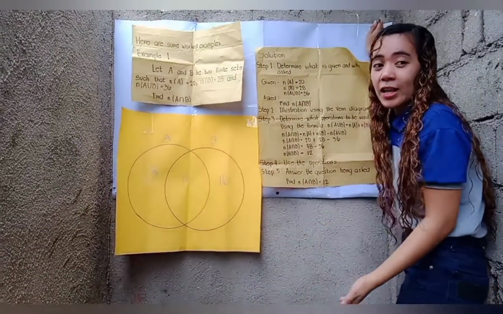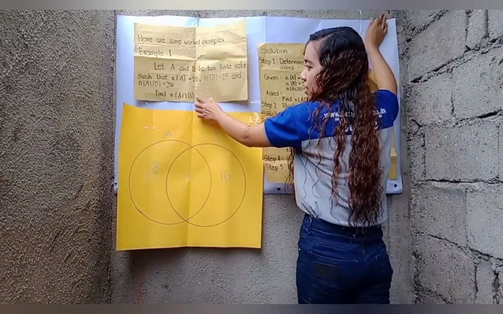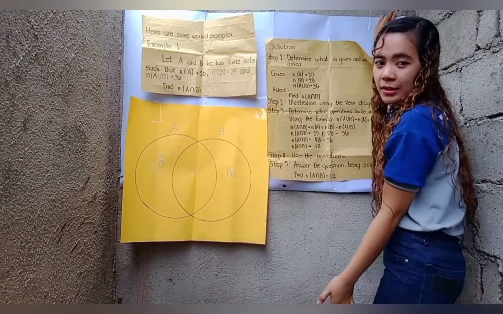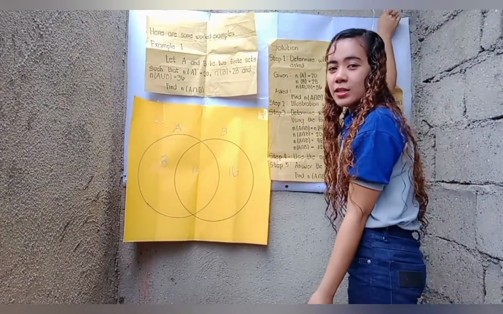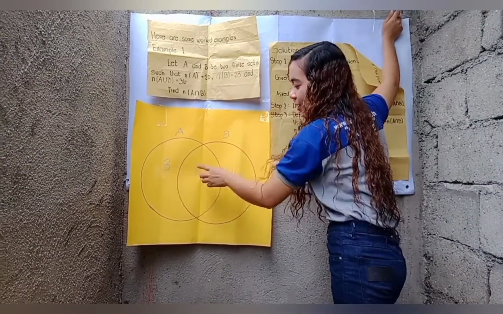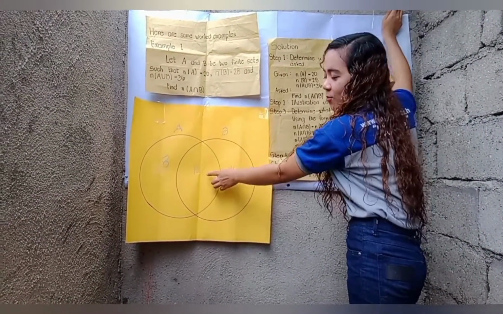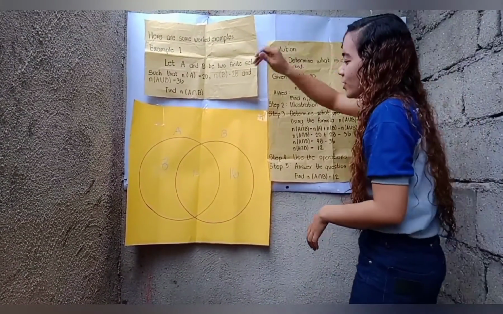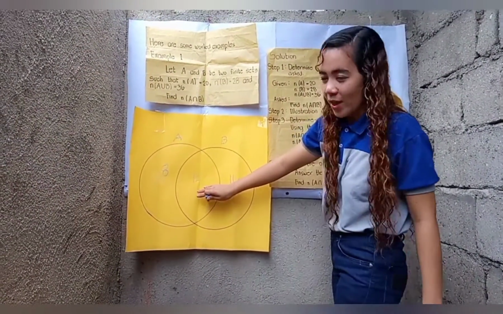Pero hindi yan yung hinahanap dito. Ang hinahanap dito is ito, intersection. So, asan ang intersection dyan? Sino makapagtuturo kay teacher? Ito ba? Ito ba? Ito ba? Asaan? Very good. Ito po, teacher, ang 12.